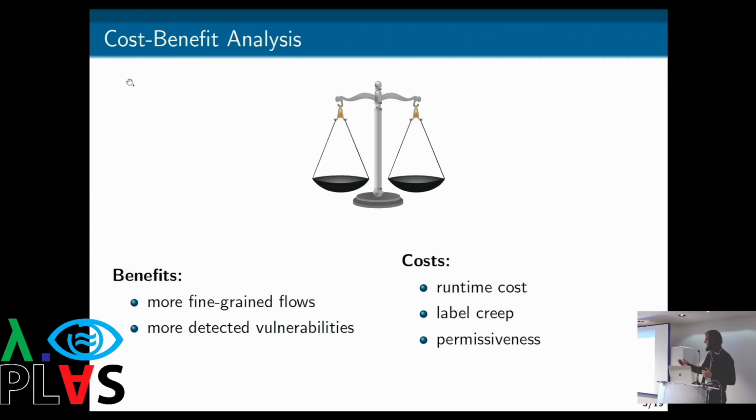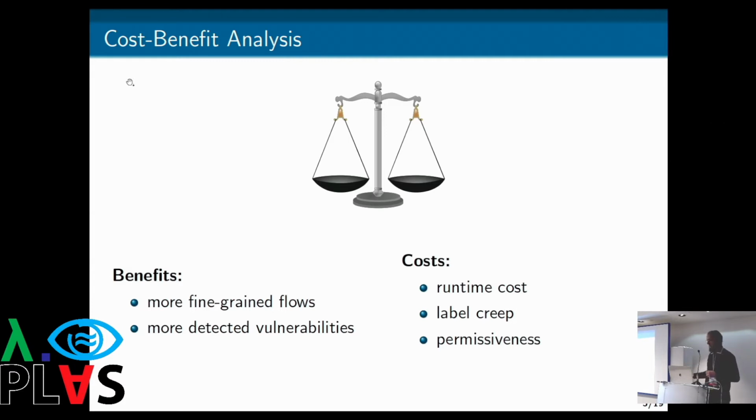So on the benefit side, we have the fact that we can reason better about the flows in the program. We have an even more fine-grained way to analyze the relation between different statements. Hopefully this will lead to detecting more and more vulnerabilities.